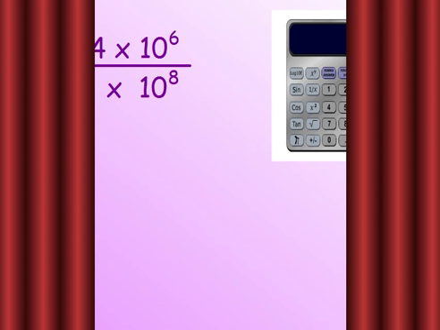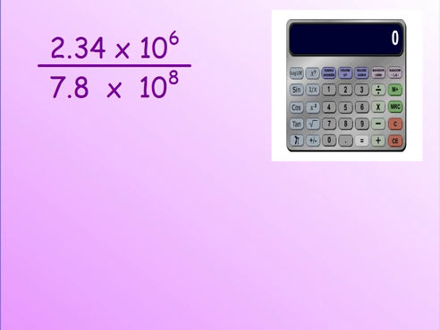Let's try. I have 2.34 times 10 to the 6th divided by 7.8 times 10 to the 8th. My first step is to divide coefficients. 2.34 divided by 7.8 gives me 0.3.